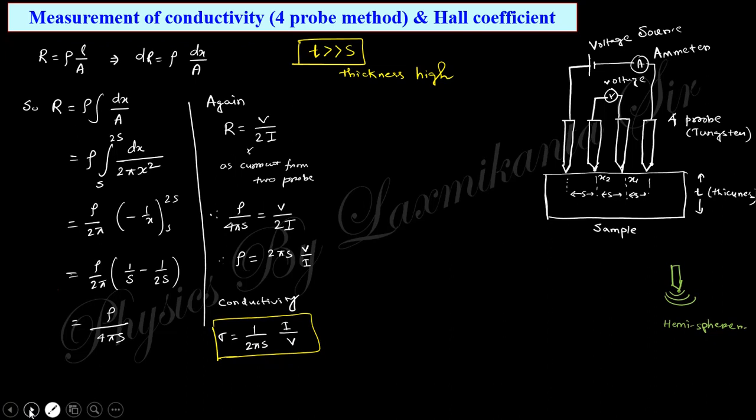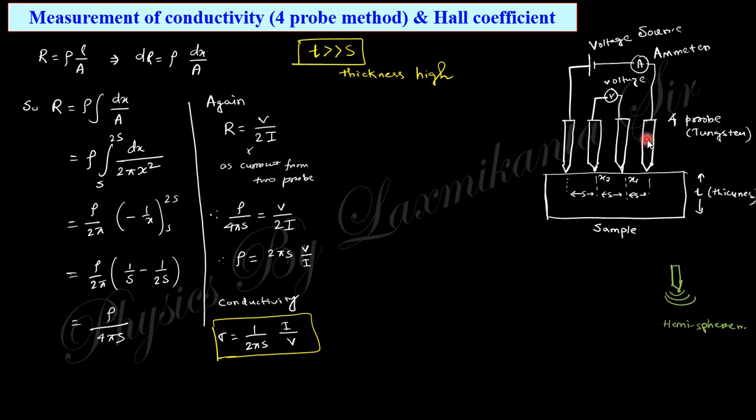Next important thing is the measurement of conductivity using the four probe method. Before that, you know the two probe method, where there is a voltage source. Actually, this voltage is measured from the other two points, but in the two probe method, this voltage is also measured from these two points. This is the basic difference.